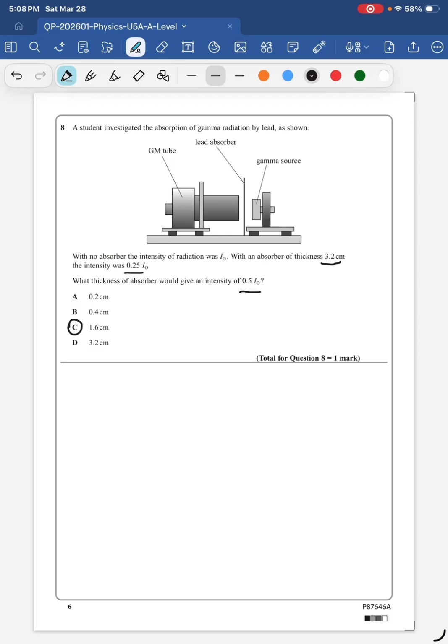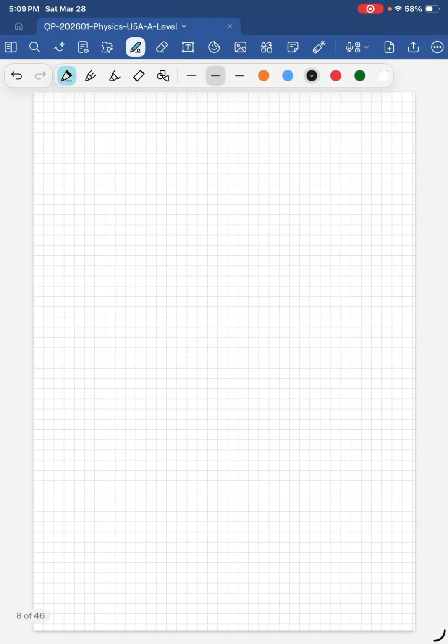So you can solve it in 1 second like that and move on, but I'm going to show you the math actually, for those of you who have trouble with this kind of concept. The long process of proving this is that, let me use a clean page. The general rule for absorption is that I over I naught is e to the minus mu times x, where mu is a characteristic of the material.